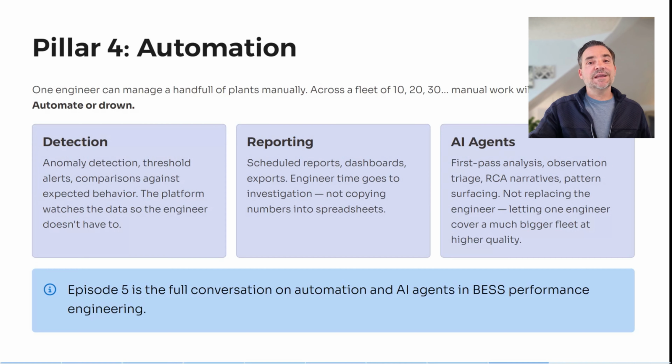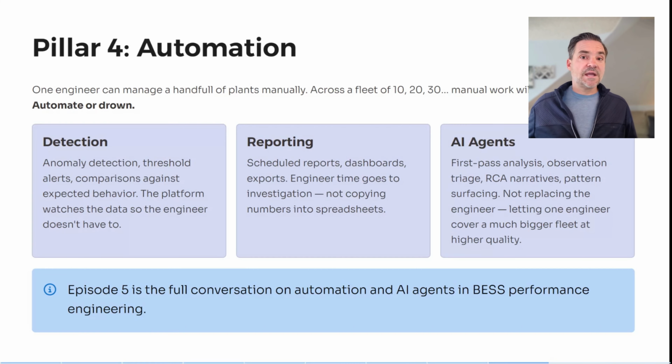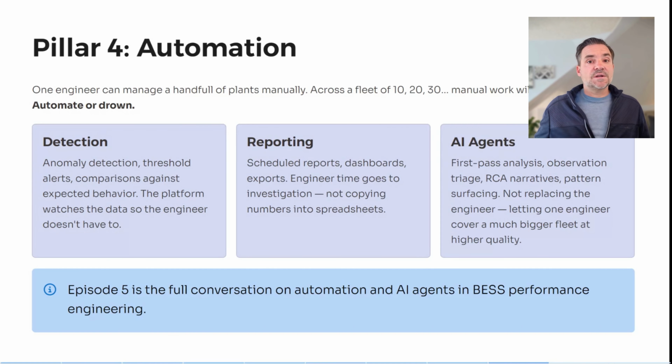And that's where AI agents really come into play. If you have automation to create the observations, you could have AI agents looking at all these observations, looking at what the current action items are, what current RCAs are, making sure that things keep moving. And if there is a bunch of new observations, categorize them and raise them to a performance engineer who can decide if this needs to become an RCA or an action item.